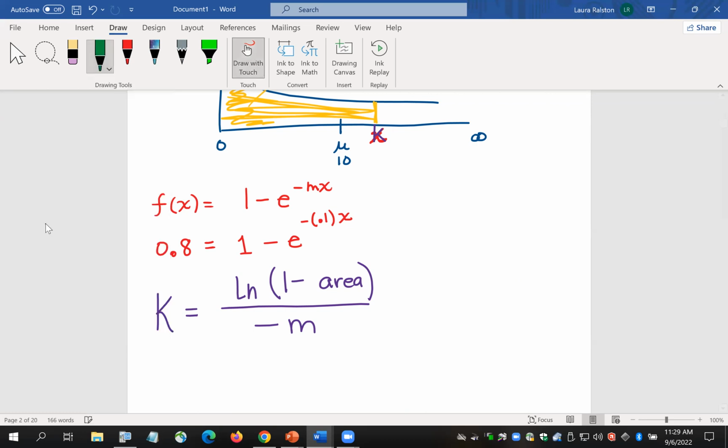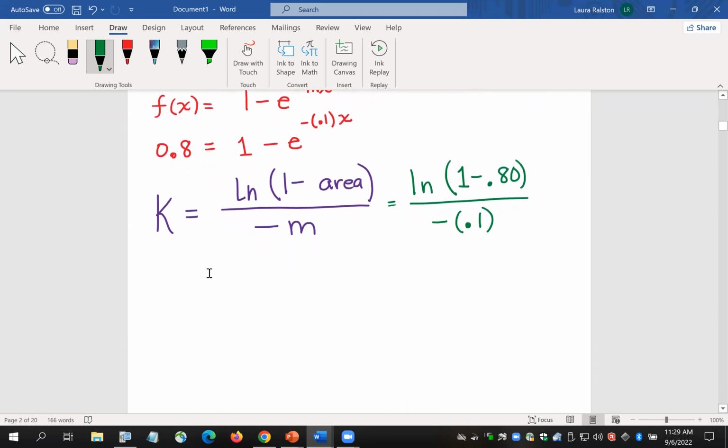So if I plug and chug into this formula, I need the natural log of 1 minus the 80%, divided by negative 1/10, because my decay parameter we determined early on was 1/10. So I have the natural log of 20% divided by negative 1/10.